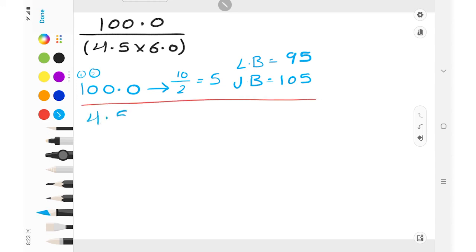My 4.5, now we did 4.2, so it's the same. My lower bound, my upper bound. What we will do, plus minus 0.05. It's 4.45 and 4.55.